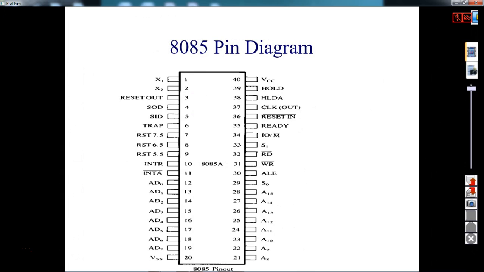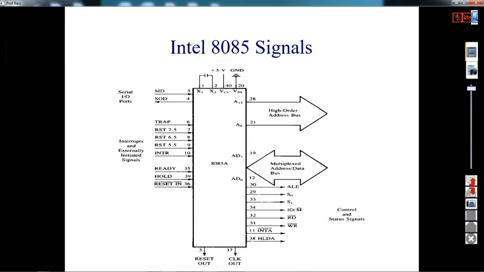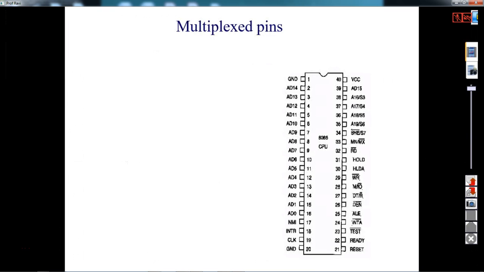For 8085, you cannot remember all 40 pins, nor is there a need to. But if you can classify them into different signals, like the multiplexed address and data bus, the control and status bus, and the externally initiated signals, then it is very easy to identify them and their functions.